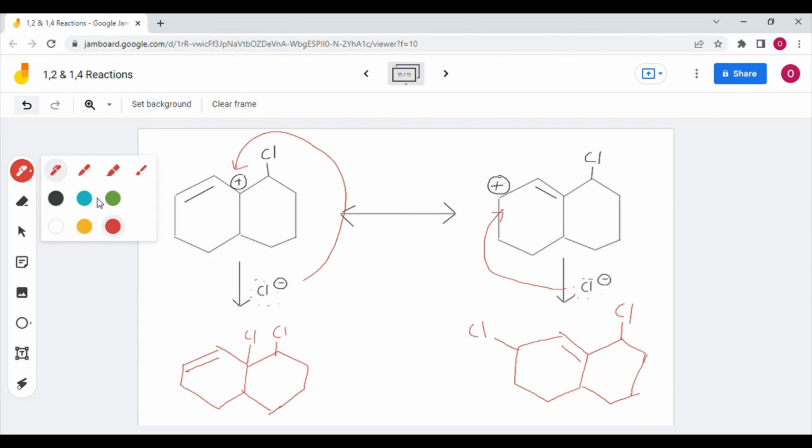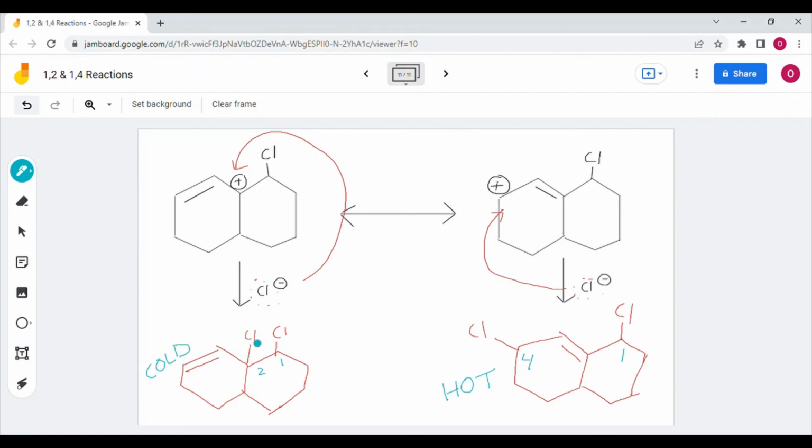So if we compare the two, what I mentioned in the last slide is that this chlorine is on the 1,2 position, whereas this is on the 1,4 position. Moreover, because this is the more stable product, we know this is going to be the hot formation, whereas this is going to be the cold formation.